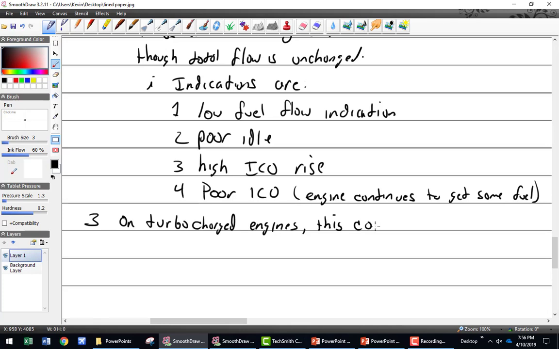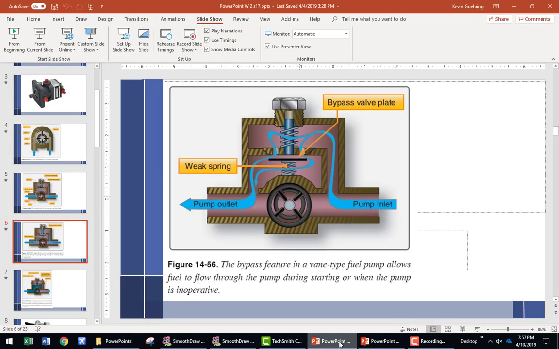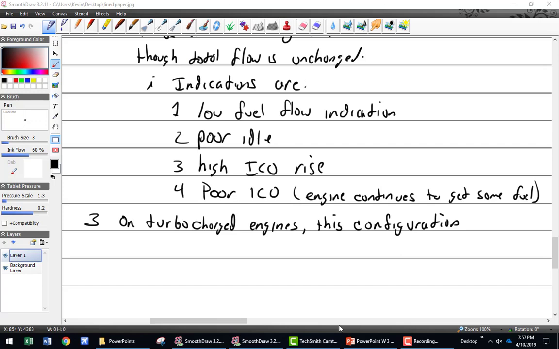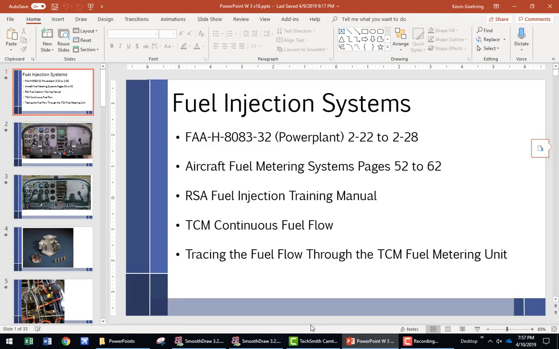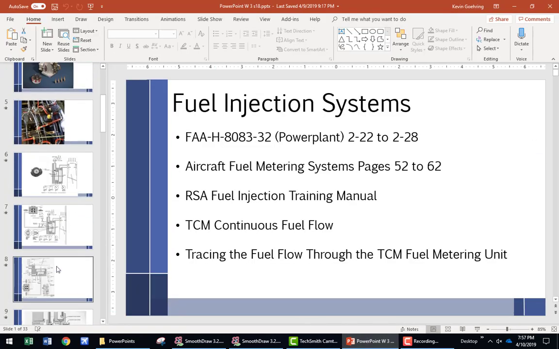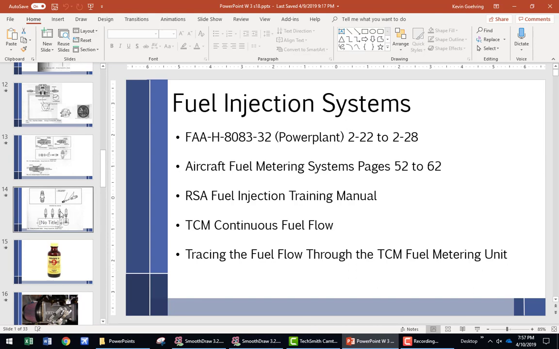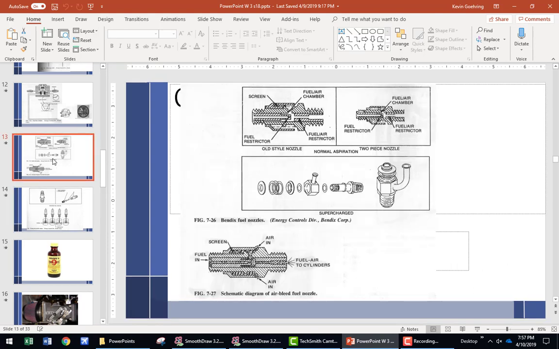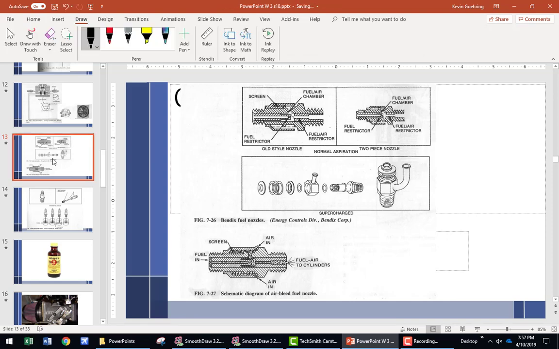This configuration is the normal configuration, as I showed you in the picture yesterday of the standard nozzles. We had a low pressure here and a higher pressure here, and so it was allowing ambient air to get sucked into the nozzle and through, right?